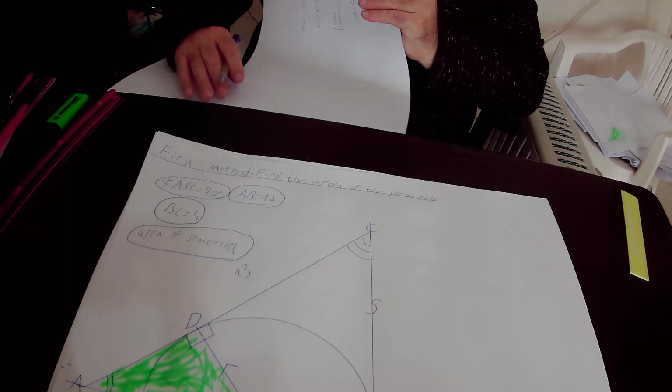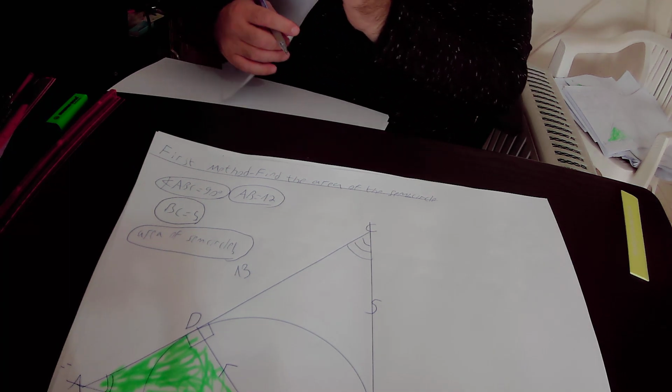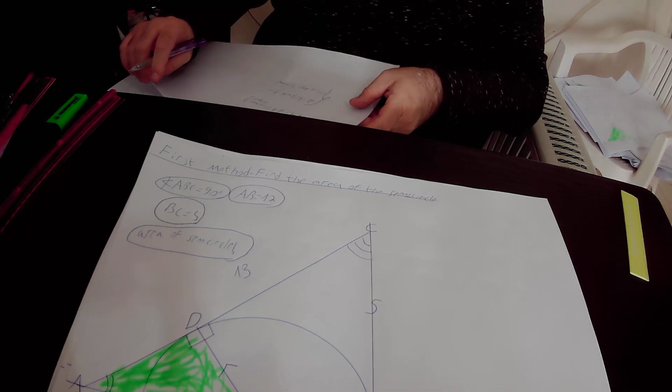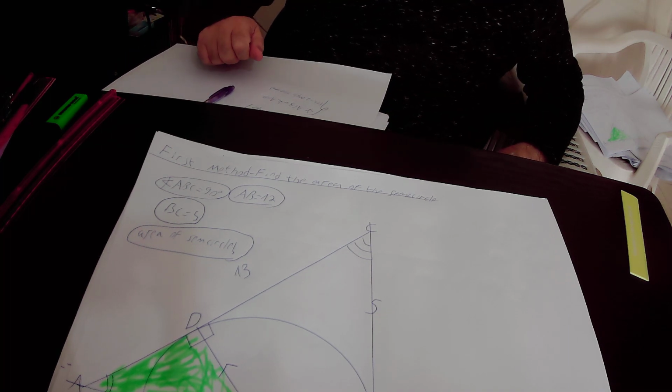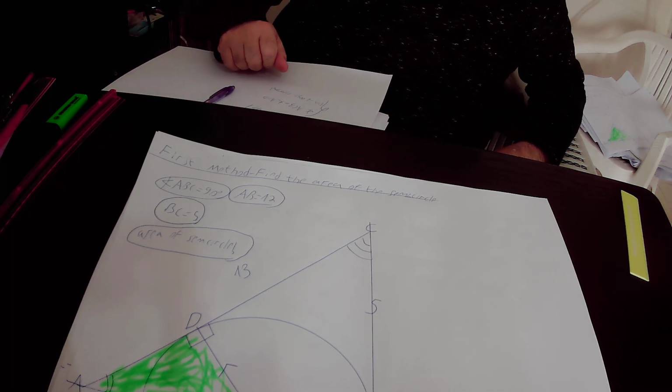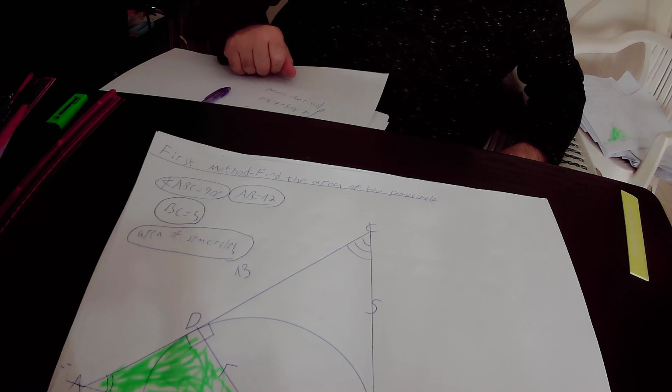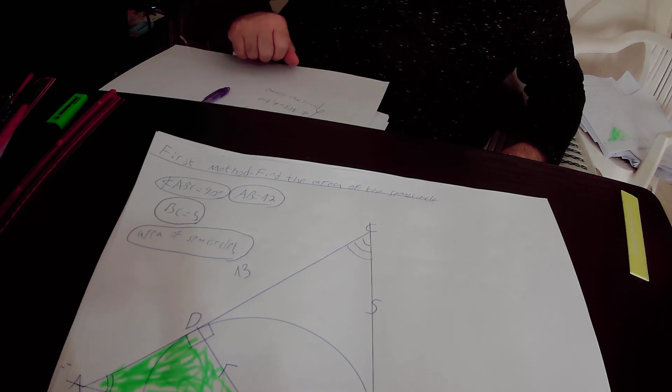So what is the third angle theorem? The third angle theorem states that if two angles in one triangle are congruent to two angles in another triangle, then the third pair of angles must also be congruent.